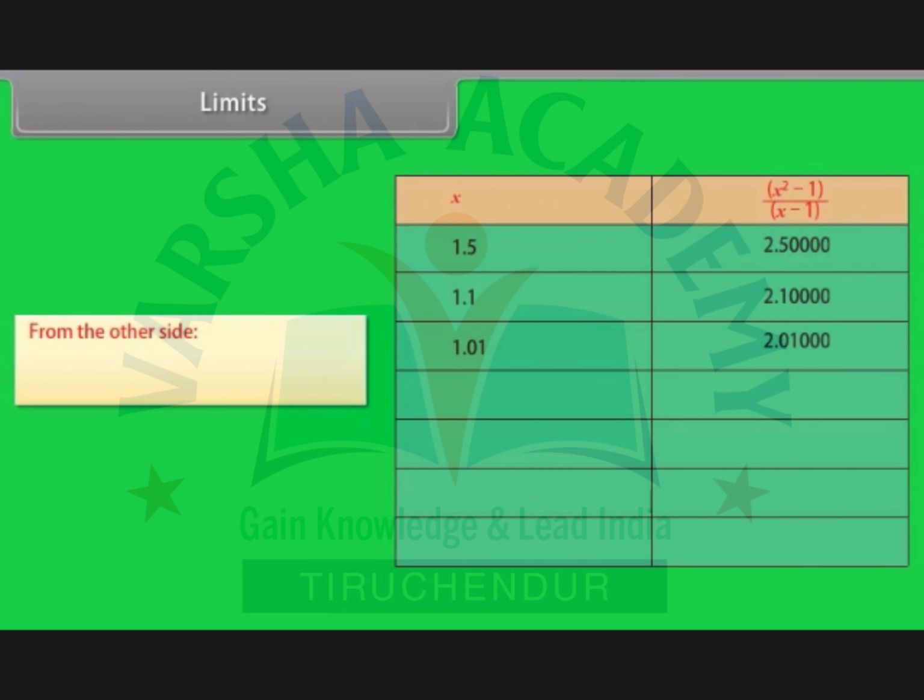For x is equal to 1.001, it is 2.00100. For x is equal to 1.0001, it is 2.00010. For x is equal to 1.00001, it is 2.00001. Also heading for 2, so that's okay.